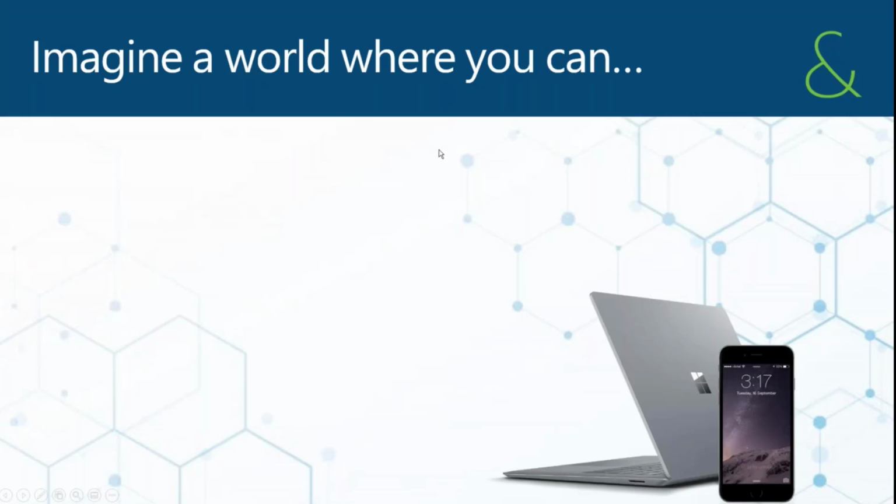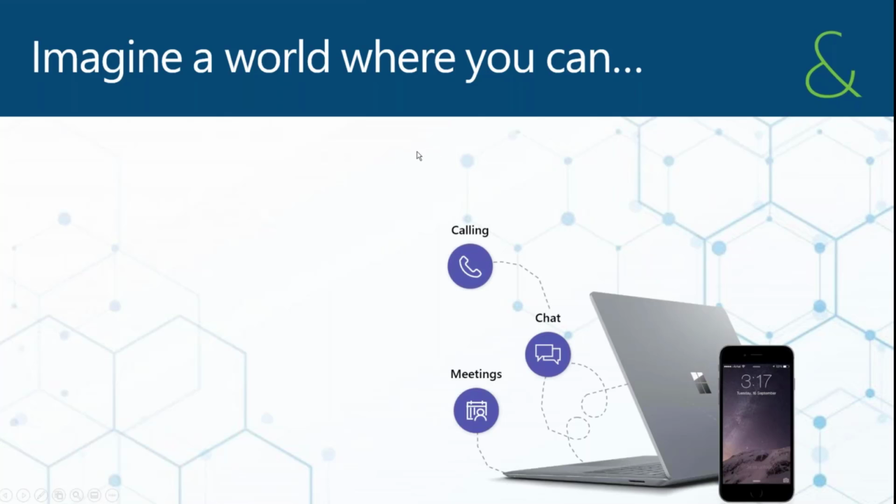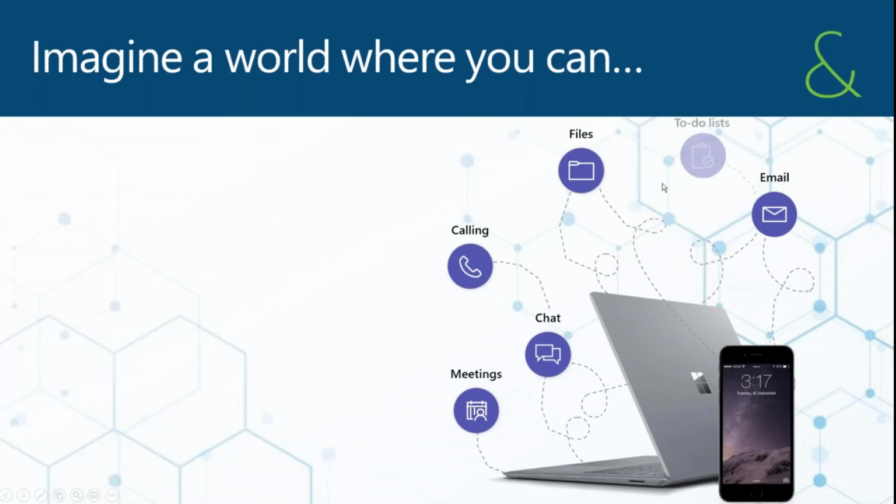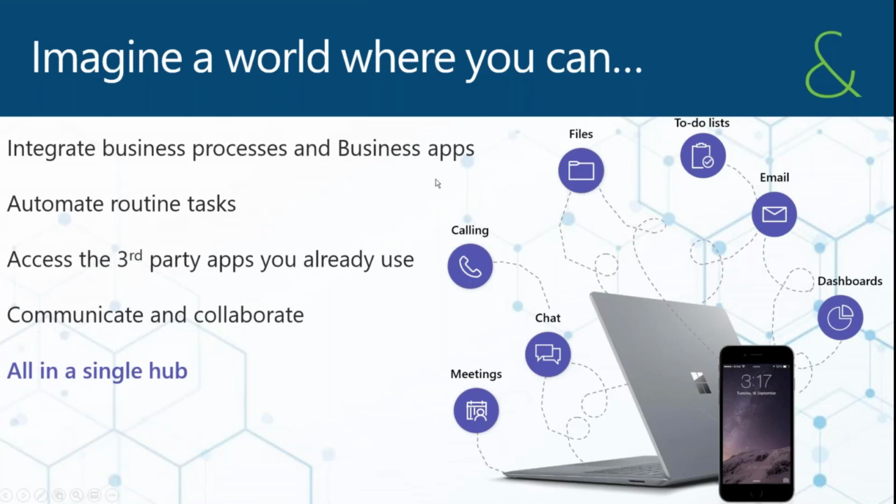So here's my introduction to Teams. It's a slide from Microsoft, but imagine a world where you can have your meetings, your chat, your phone calls, share files, co-author, collaborate. Like I said, not replace email, but reduce email. Built-in applications like to-do lists and dashboards, all in one application.